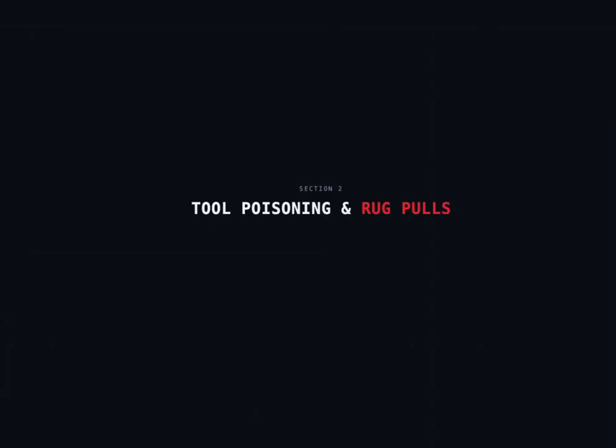Let's talk about tool poisoning and rug pull attacks. Now the attacks. Tool poisoning: a malicious MCP server writes a tool description designed to manipulate how the model uses it.